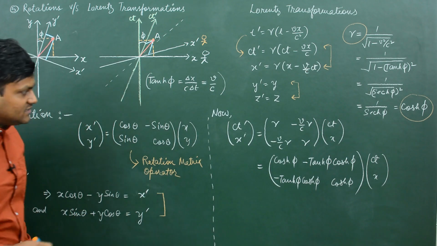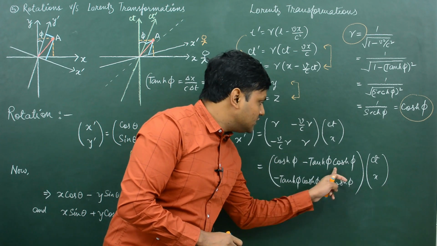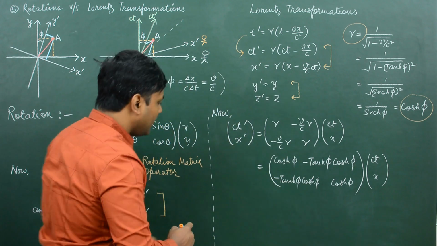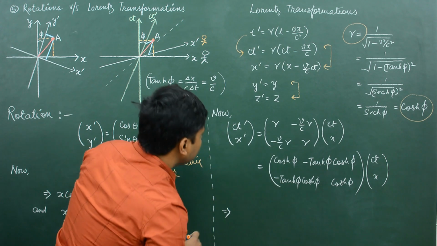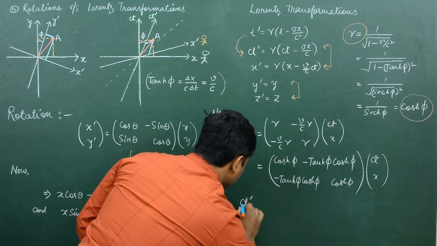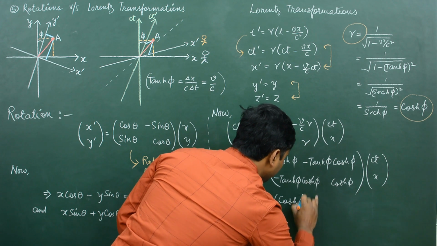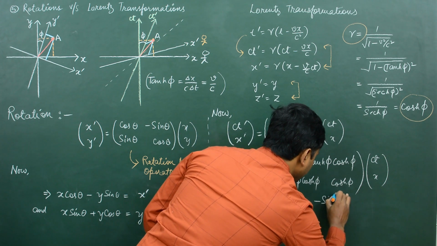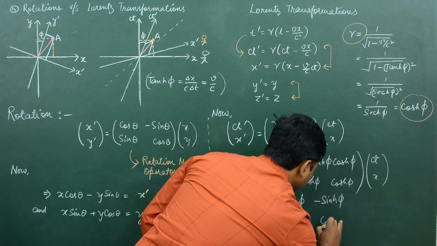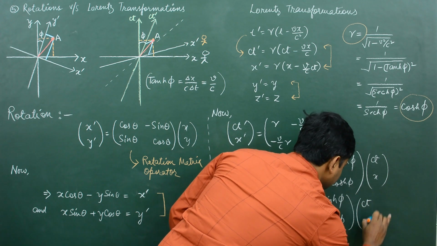So from here I can simply condense it. Tanh phi is sinh phi upon cosh phi, so the cosh phi in the numerator and the cosh phi in the denominator will cancel out, and we'll be left with sinh phi. Finally we have the transformation equations for the Lorentz transformations. So ct dash, x dash is equal to the matrix cosh phi, minus sinh phi, minus sinh phi, cosh phi, acting on ct and x.